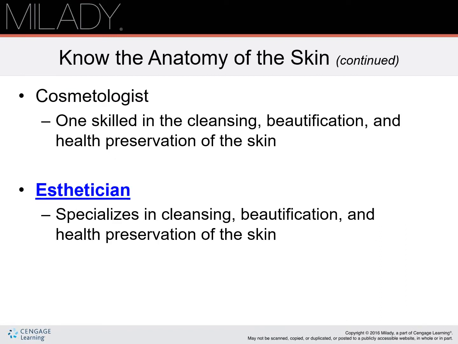A cosmetologist is one that's skilled in cleansing, beautification, and health preservation of the skin. Again, cosmetologists are not allowed to prescribe or provide treatment for any disease or illness. They must refer them to a dermatologist or a physician.